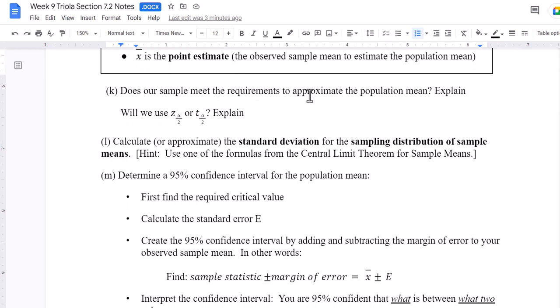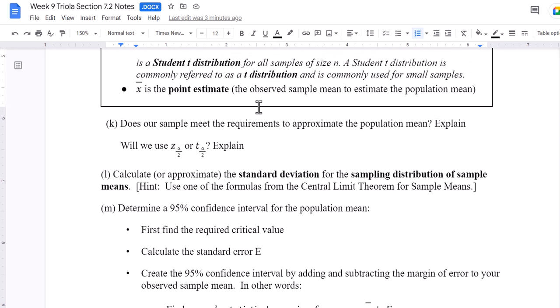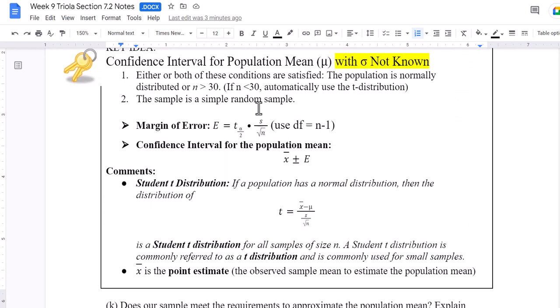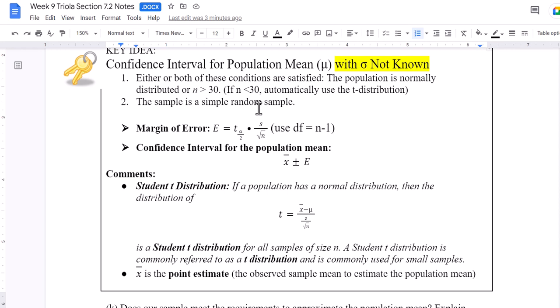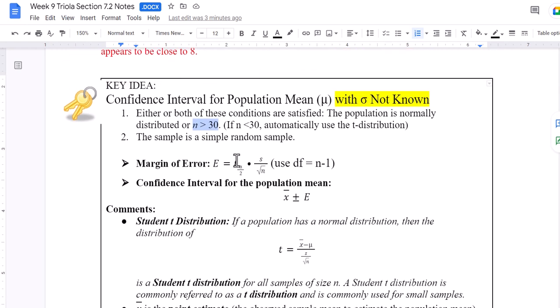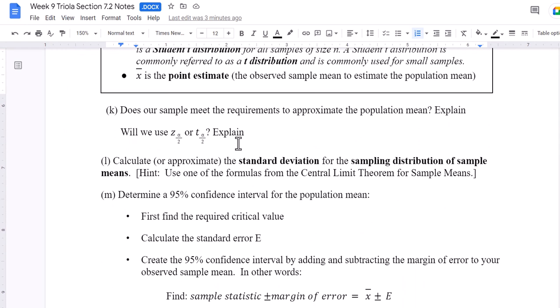Does our sample meet the requirements to approximate the population mean? Yes, it does meet the requirements. We were told that it was approximately normal, and also our n is greater than 30. Our sample size is 39, so it definitely meets the requirements. And will we use z alpha over 2 or t alpha over 2?